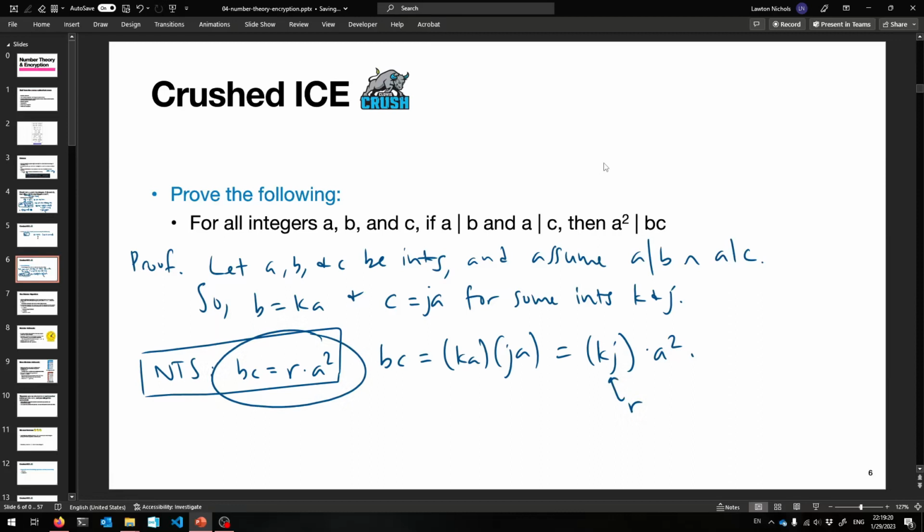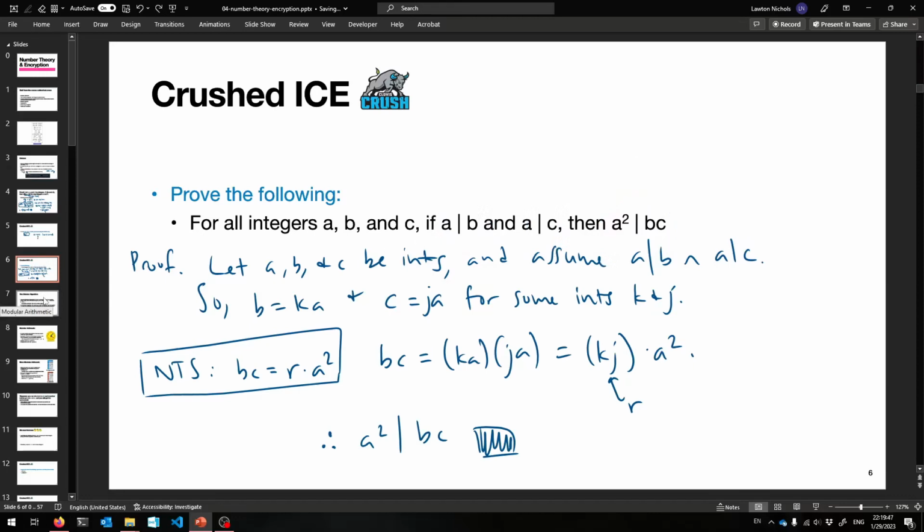And now I have an integer multiple of a squared that gives me bc. Started with bc, integer multiple of a squared. That's exactly what I needed to show. Okay, so therefore, a squared divides b times c. Isn't that cool? So essentially, you can multiply a divisibility proof on both sides, just like you can multiply equalities on both sides. That's fun. That is useful for us.